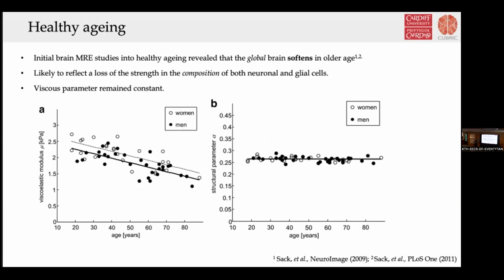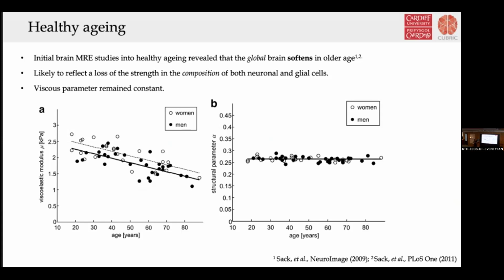And then through animal models, we know that this reduction in stiffness is shown to reflect a loss of the strength and the composition of the neuronal glial matrix. In this study, they also reported how brain softening occurred at a faster relative rate than brain volume loss with aging, which is interesting because it suggests that MRE measures may be more sensitive.